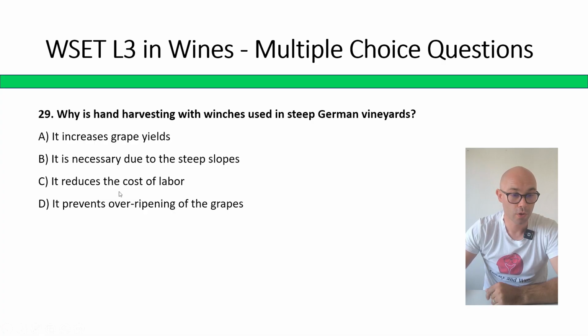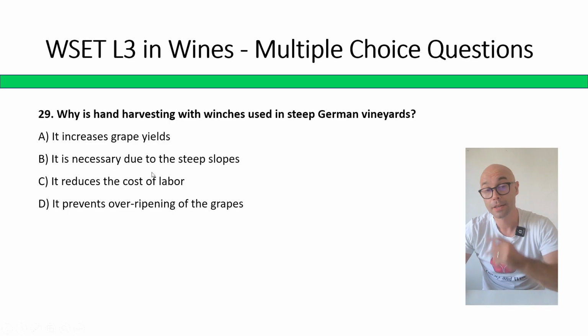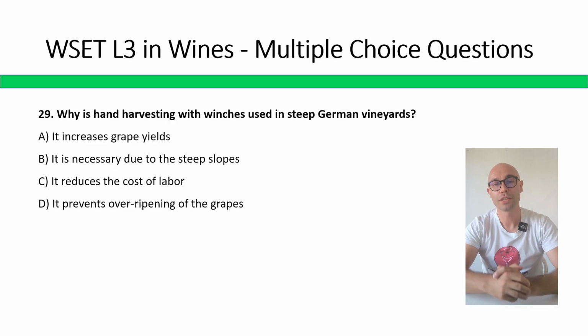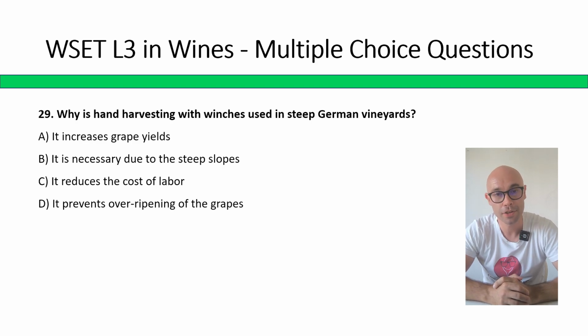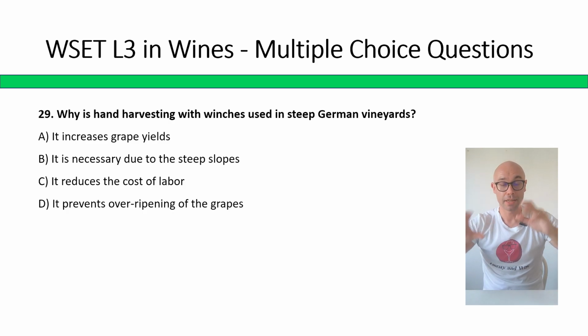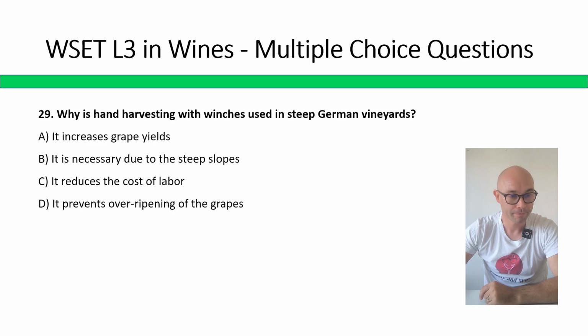It reduces cost of labor. It prevents overripening of the grapes. So the correct answer is B. It's necessary due to the steep slopes. So people get winched down on the slopes of vineyards in Germany. This is the only way, because of the steepness of the slopes, for them to safely pick the grapes.